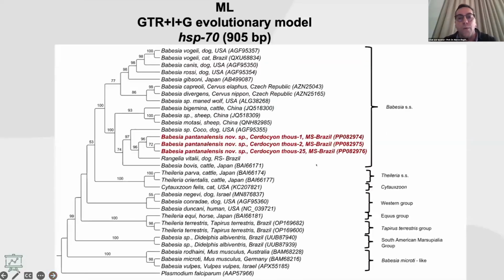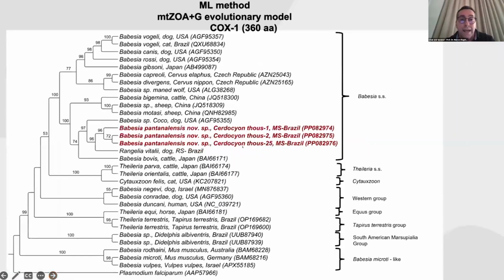So based on HSP70, we show again Babesia pantanalensis here, which is again closely related to Rangelia vitalii and to Babesia conradae. Babesia conradae is a Babesia that has been detected in dogs from North Carolina, the United States, sorry. And we showed, again, based on the COX-1 gene, that Babesia pantanalensis is closely related to Babesia conradae and Rangelia vitalii.